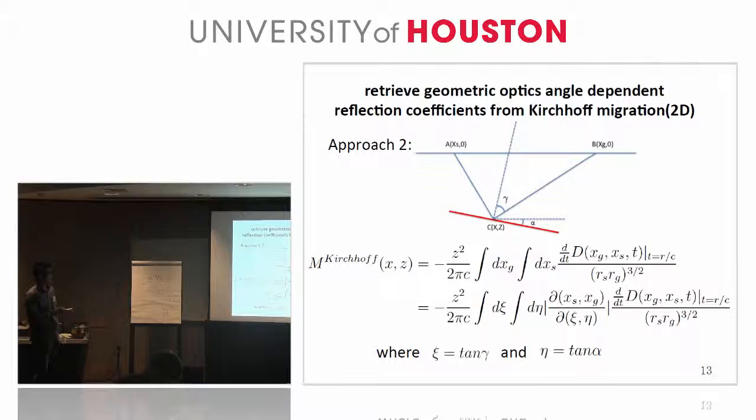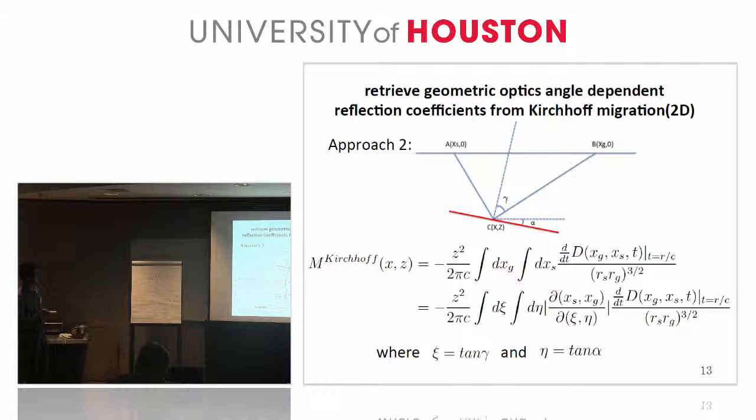It's an integral over xs and xt, which are the source location and receiver location. However, for each image point and for each source and receiver location, we can use a geometric optic picture to calculate the incident angle and the if angle.